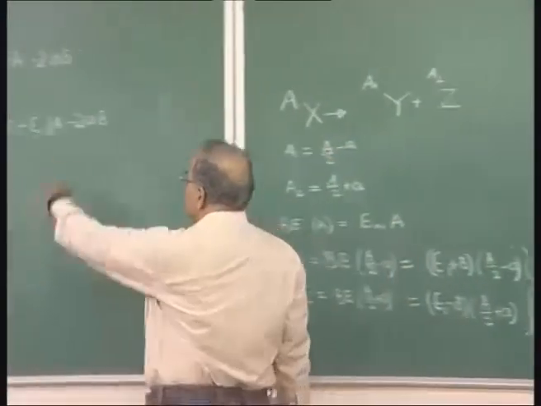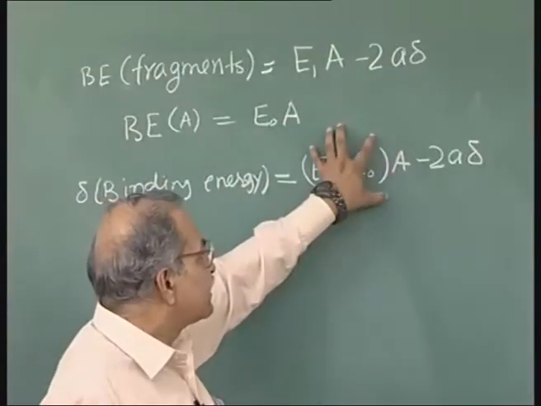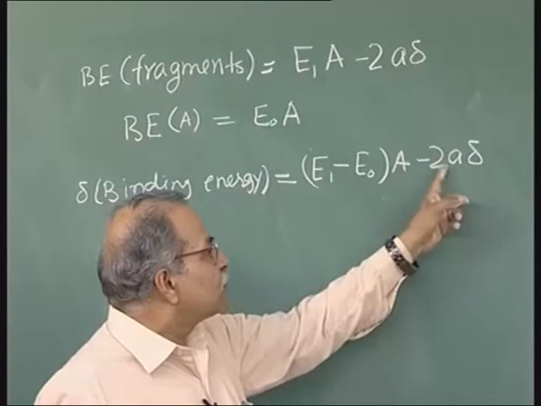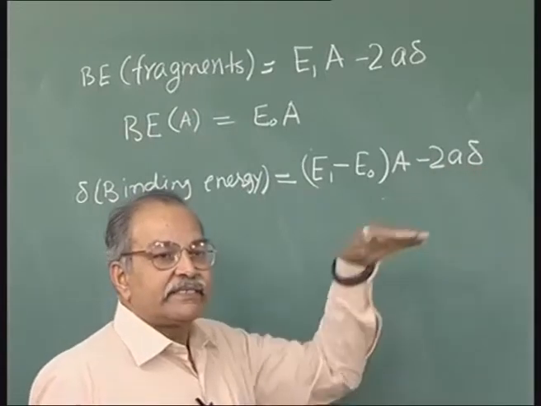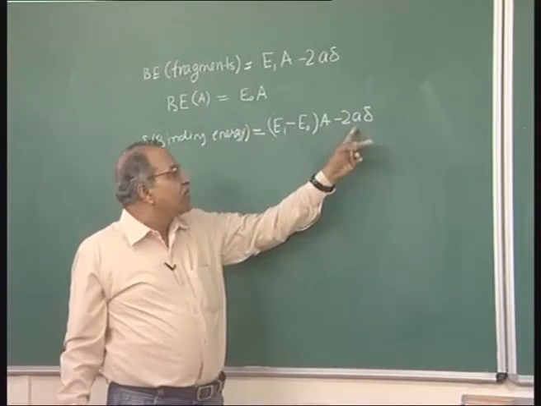So, this comes out to be 215 to 216 MeV. Now, the energy released is reduced by this minus 2 a delta term, so it is small if you have a large a.